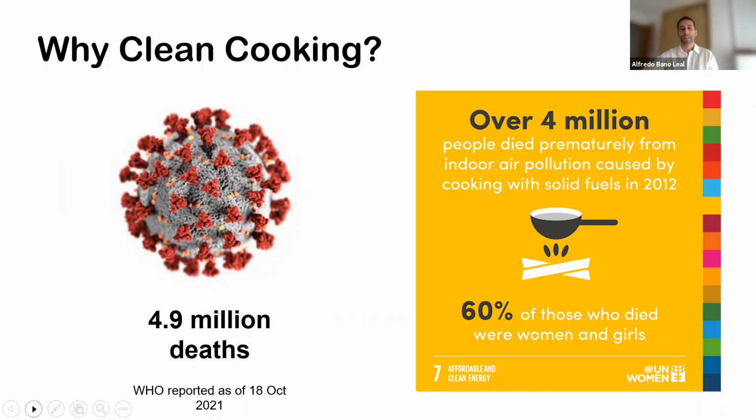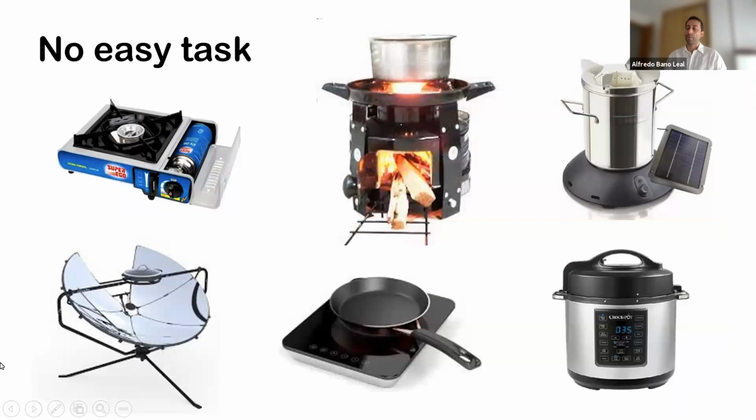Next. So when we think about clean cooking, many ideas come to mind, right? We can think about modern induction stoves, like the one at the bottom of the page. We can think about the traditional butane or propane, the LPG cooking. We can have electric pots.